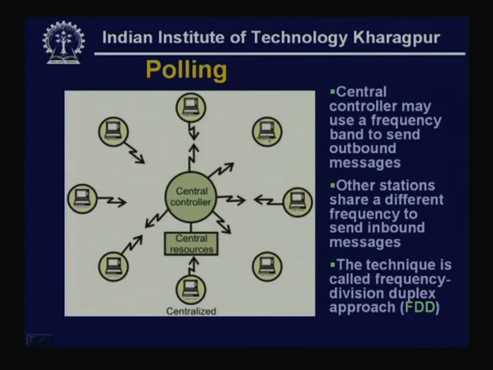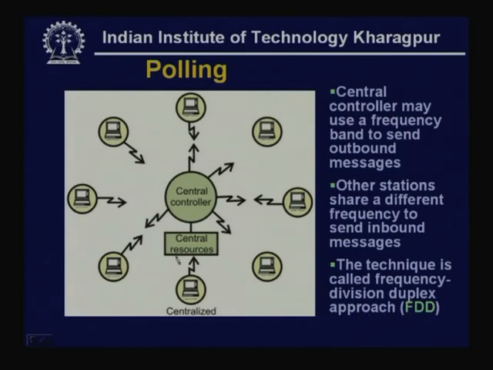So, others will send some signals which are essentially shared by all the stations. Now, this kind of technique where the bandwidth is divided into two parts, one outbound and another inbound, is called the frequency division duplex approach or FDD approach.